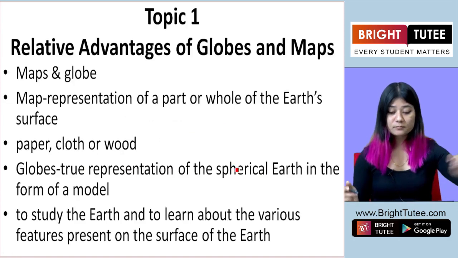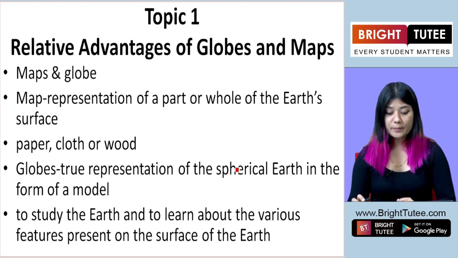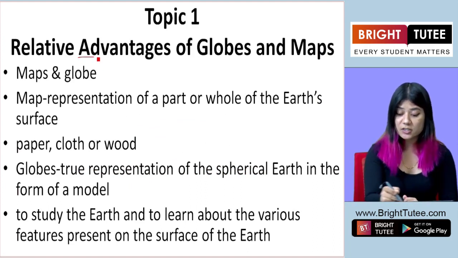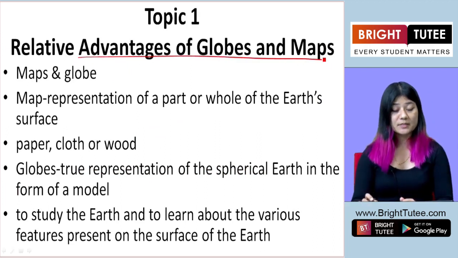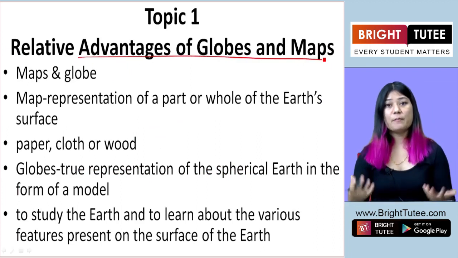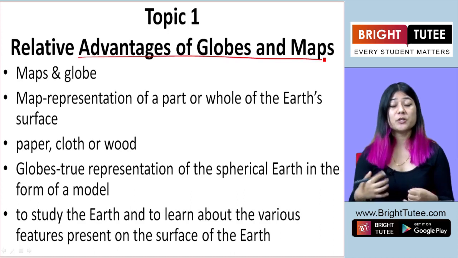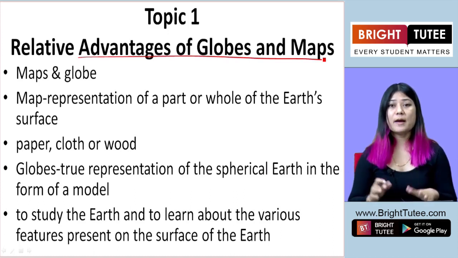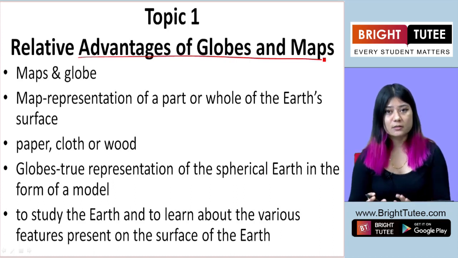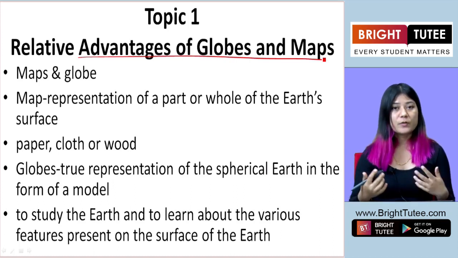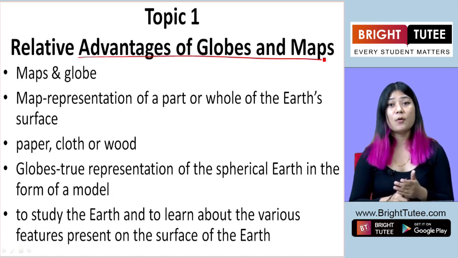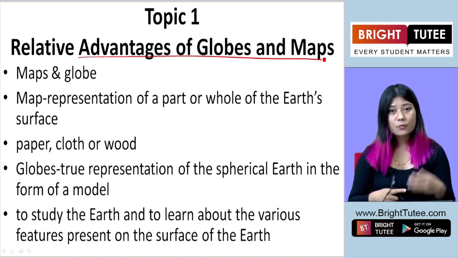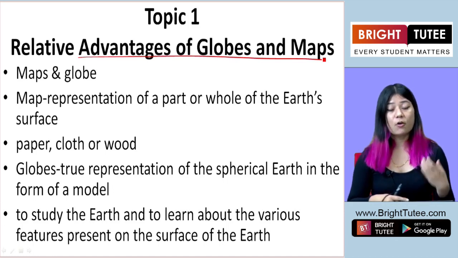Okay, so first we'll look at the advantages of globes and maps. Now when we think of a map, there are a few things which automatically come to our head, right? When we think about going to a new place, what do we do? We try to look at the map of the place. We try to look at the GPS on our phone.